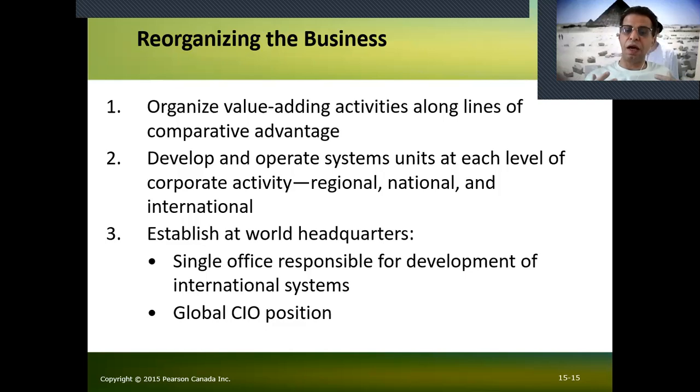Then we develop and operate a system unit at each level of corporate activities: regional, national, and international. Then we establish at the world headquarters a single office responsible for the development of international systems, which is the global CIO position, the Chief Information Officer.